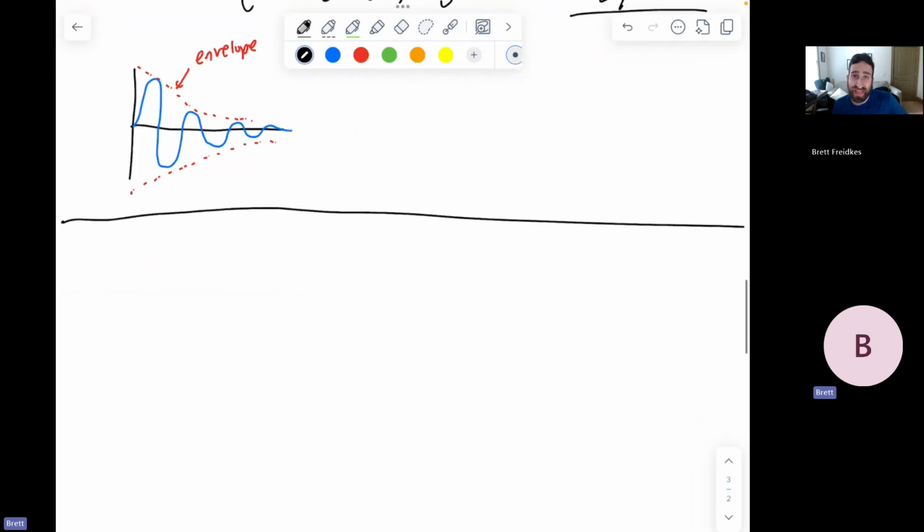So we looked at the case where discriminants were positive, and we looked at the case when discriminants were negative. And we see that as soon as it goes negative, we now present oscillations in the system.